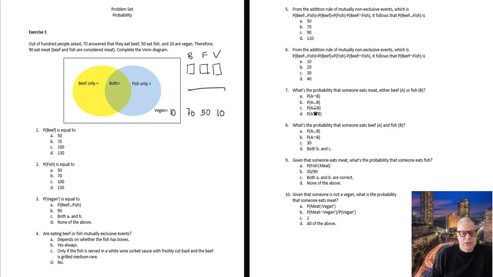what we know is that the union of both, written as the probability of beef union fish, must be 90. And so that means that if you have 70 and 50, that's 120.